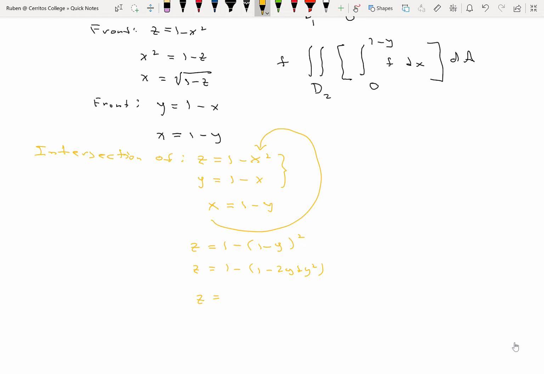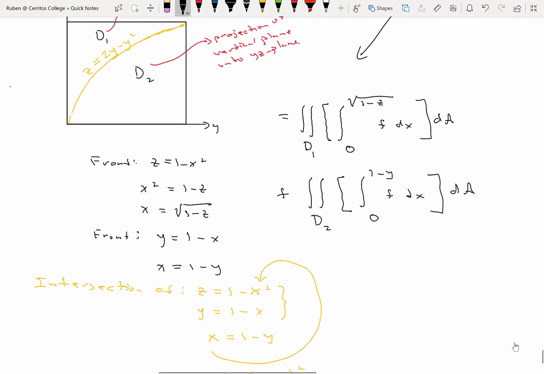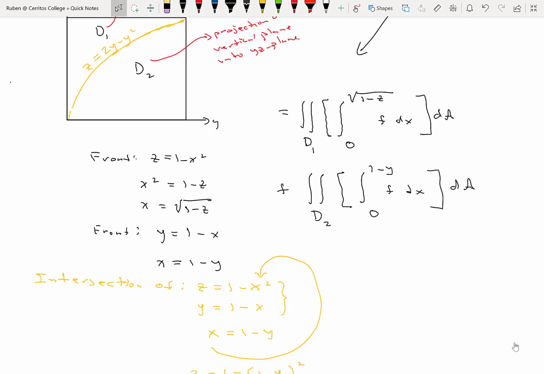So we have z equals 2y minus y squared. That is the actual equation of that yellow projection of the intersection of the two surfaces into the YZ plane. And we're ready to finish this up, believe it or not. This is as difficult as this gets, but it does get this difficult once in a while.